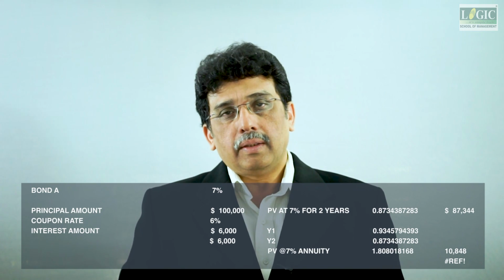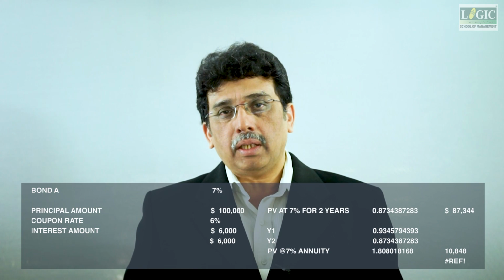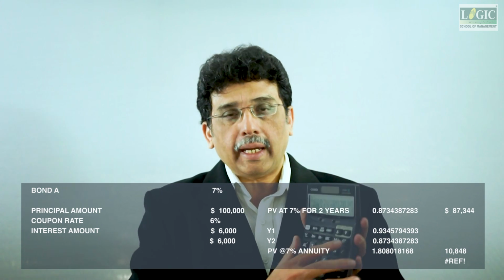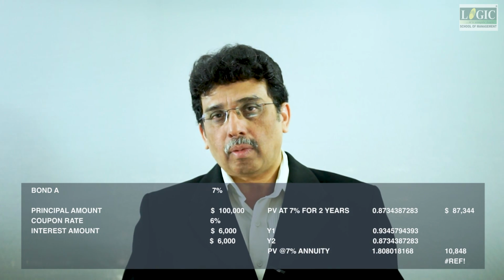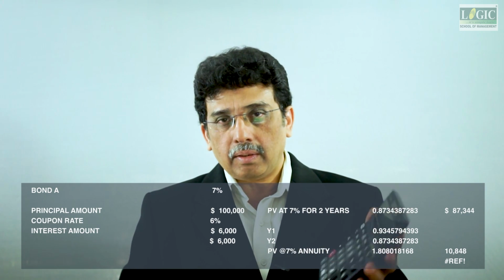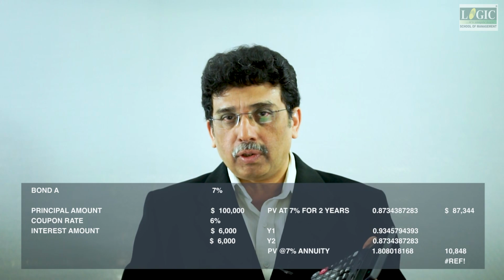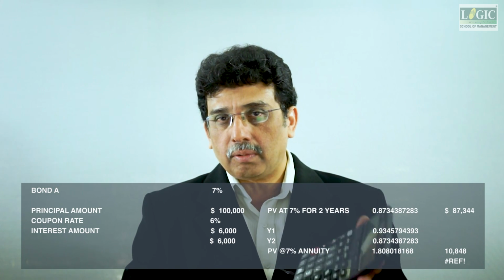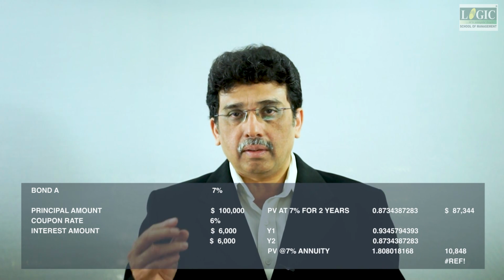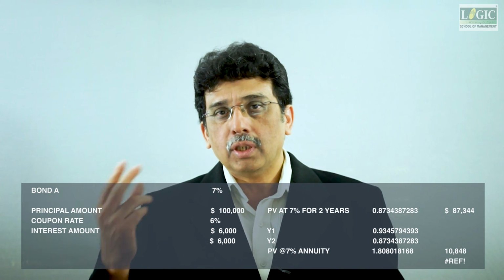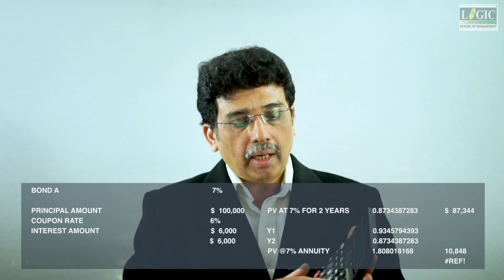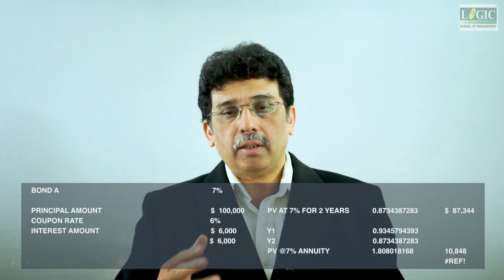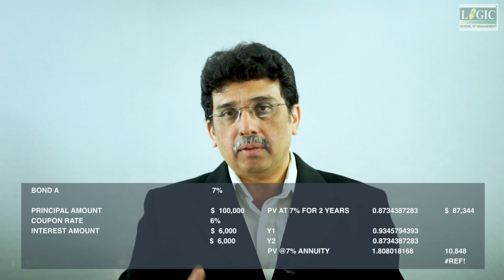Also, the present value of annuity can be done on your 4-function calculator if you have the GT function. So you calculate the present value as I showed you before. Once you have pressed the equal sign twice, you are going to get the discounting factor for 2 years at 7%, and after that just press the button GT and you are going to get the present value of an annuity.